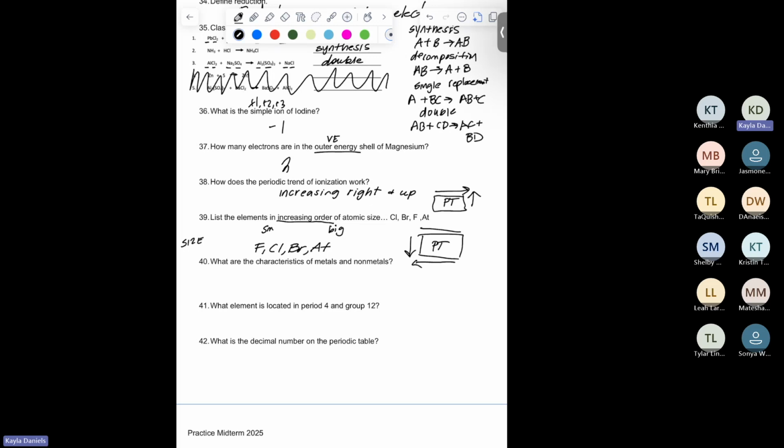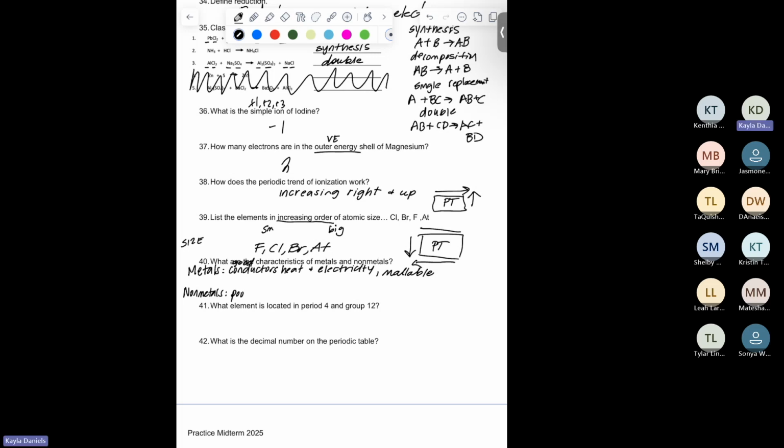All right, characteristics of metals. They're good conductors of heat and electricity. They're malleable. You can make them into things. Non-metals are the opposite.